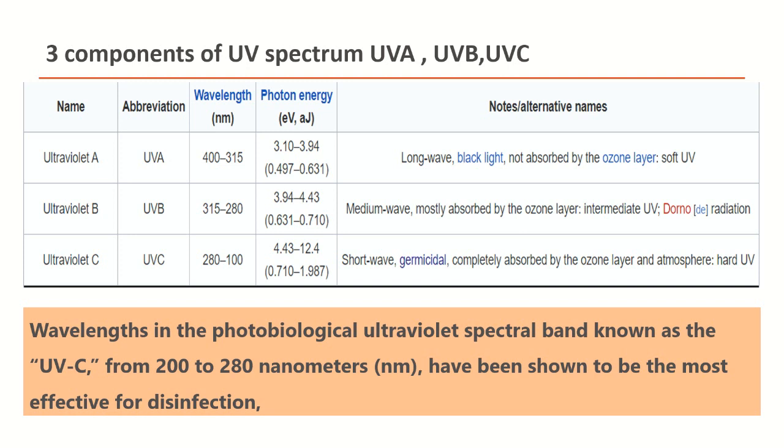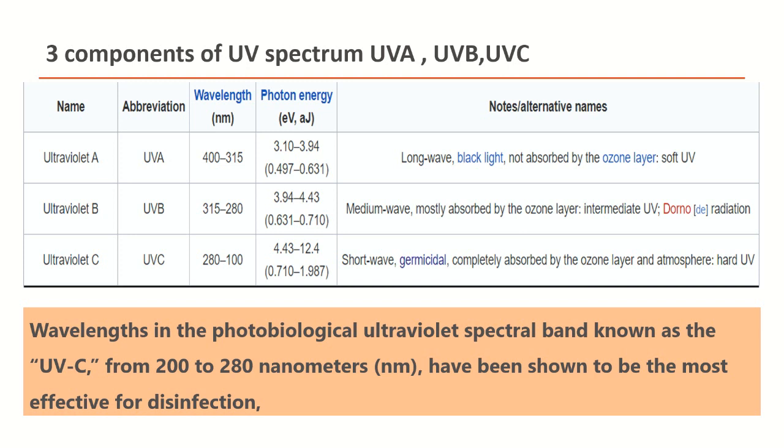UVC is the short wavelength. It has the highest damaging effect. However, it is completely filtered by the atmosphere and does not reach the Earth's surface.